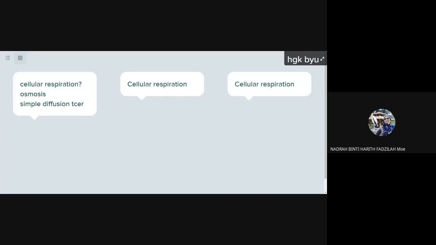Okay, disebabkan sel-sel ini conducted different living processes, therefore, these cells need a specific way to gain substances from out of the cell into the cell, and also to excrete waste substances from inside the cell to out of the cell.